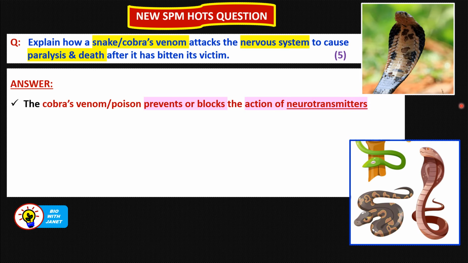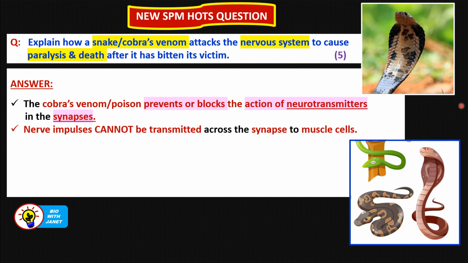It will prevent the neurotransmitters in the synapse from diffusing across to the receptor proteins. So the nerve impulses cannot be transmitted across the synapses to the muscle cells.